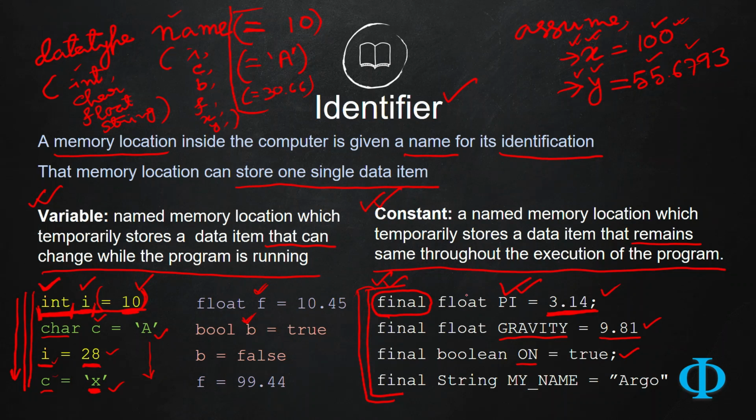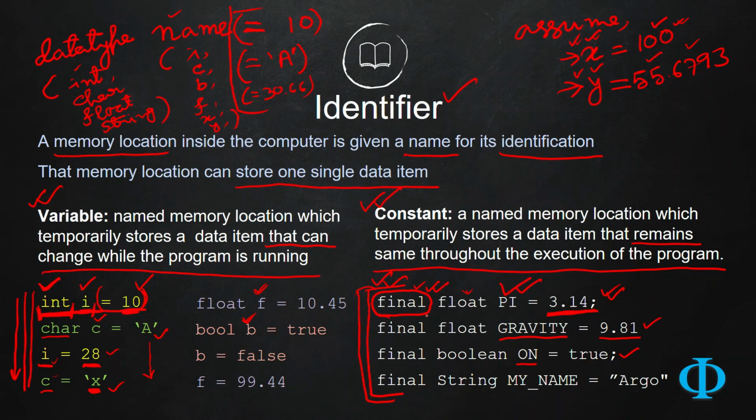So instead of just writing float pi 3.14, I have used final float pi equals 3.14. Now whenever I am using this final before declaring the identifier, I am telling the Java compiler that, well, the initial value is going to be the final value inside this identifier. That means you cannot change it anytime in the program.